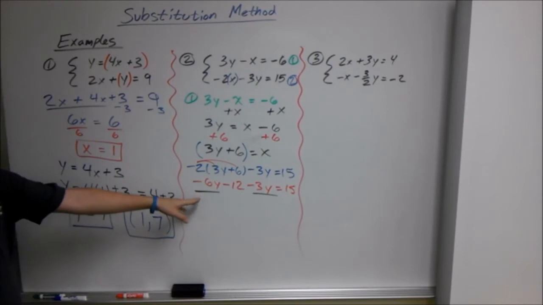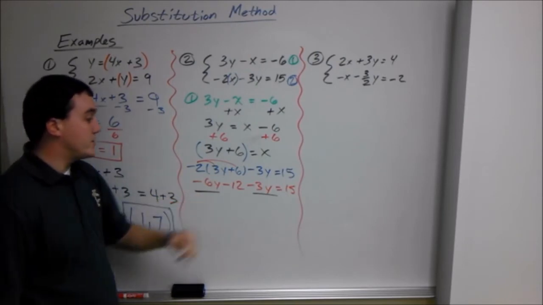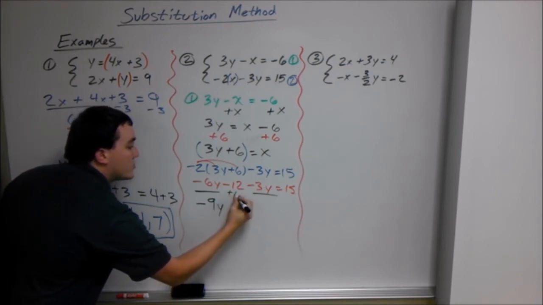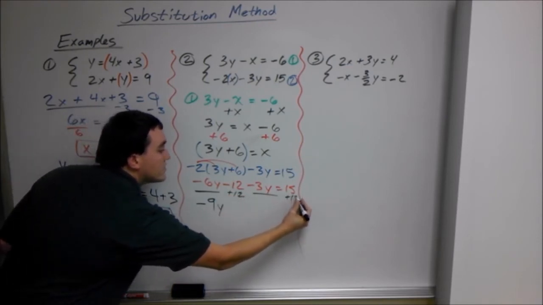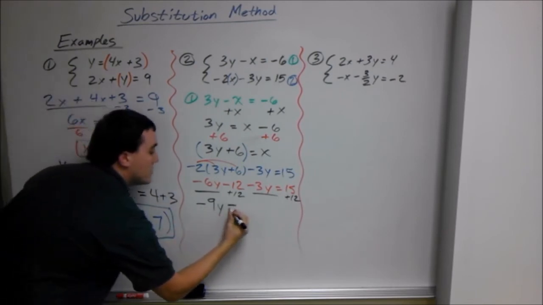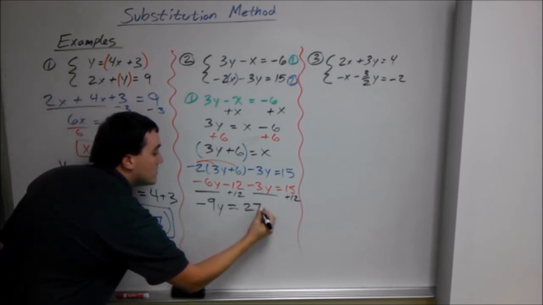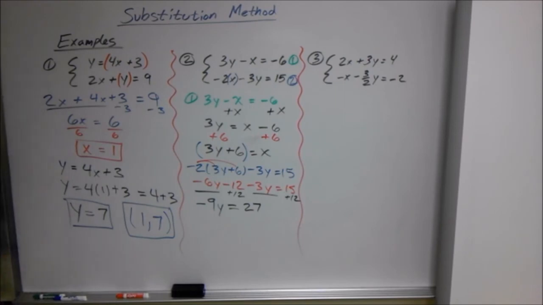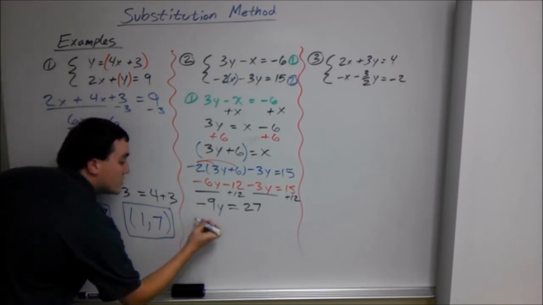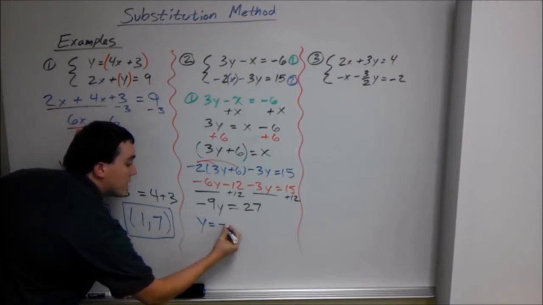Those are like terms because they both have y's. Negative 6 minus 3 is negative 9y. And we will add 12 to both sides, so 15 plus 12 is 27. Negative 9y equals 27. From there, we divide by negative 9, so y equals negative 3.